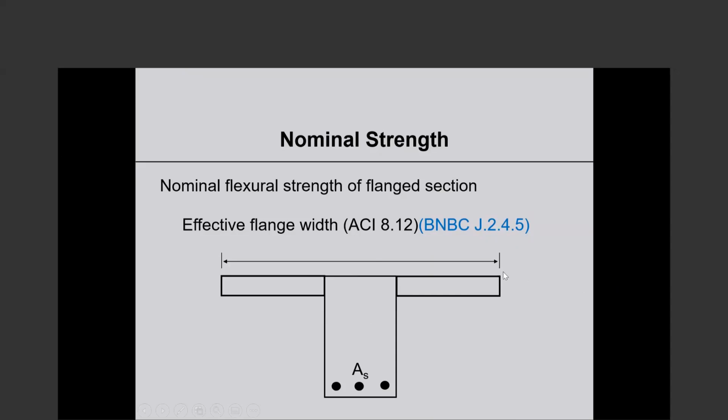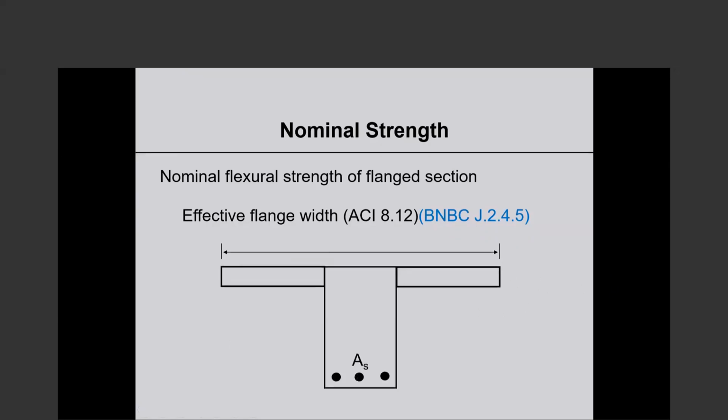Now, how much of the slab acts together with the beam, that's where the effective flange width concept comes in. Okay, so effective flange width is the width of the slab that participates with the beam in resisting transverse loads.